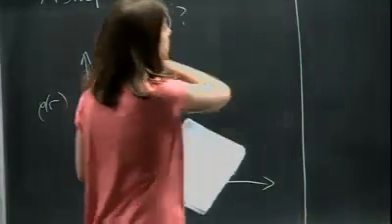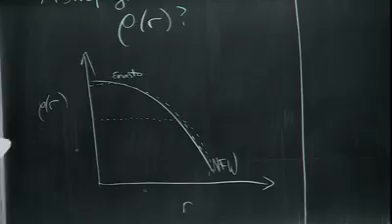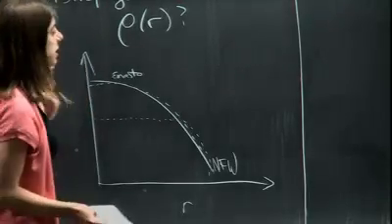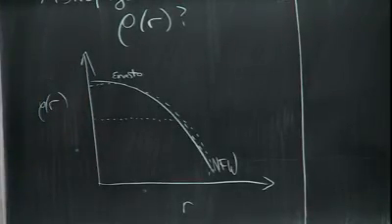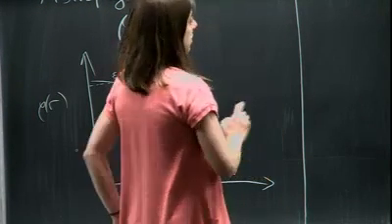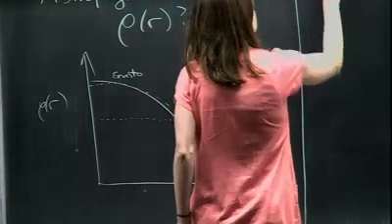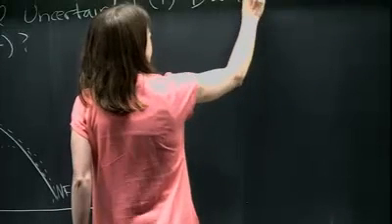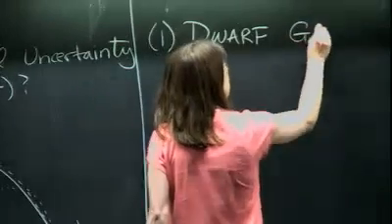Great. Okay, so the last part I wanted to talk about with indirect detection is where our status is now with experimental searches. The strongest limits right now come from observations of dwarf galaxies.